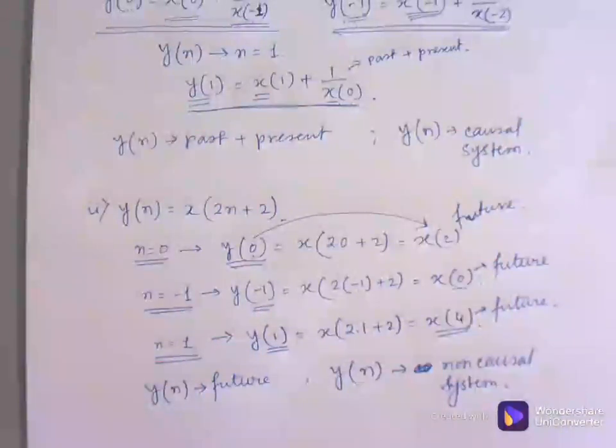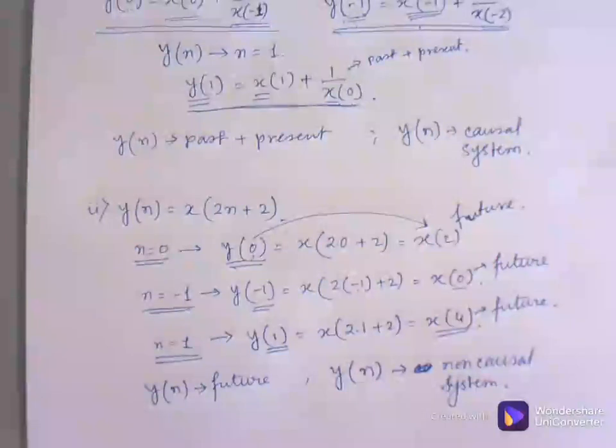So this is the basic difference between causal signal and causal system, as well as non-causal signal and non-causal system. Okay, so don't be confused. Many students are confused in this part, that is causal system and causal signal. The two calculations are totally different.